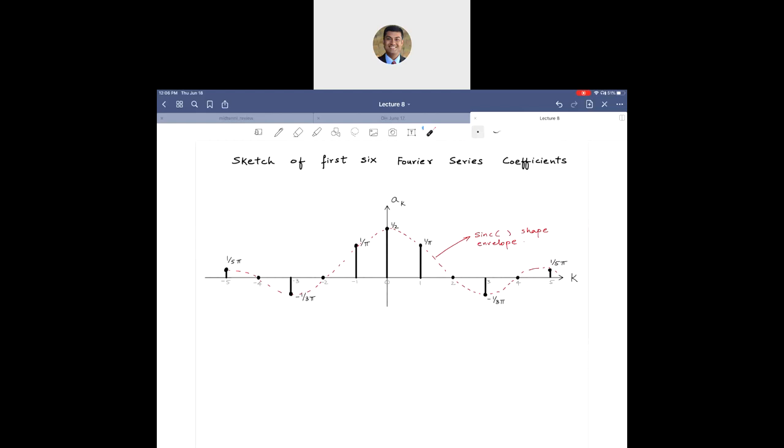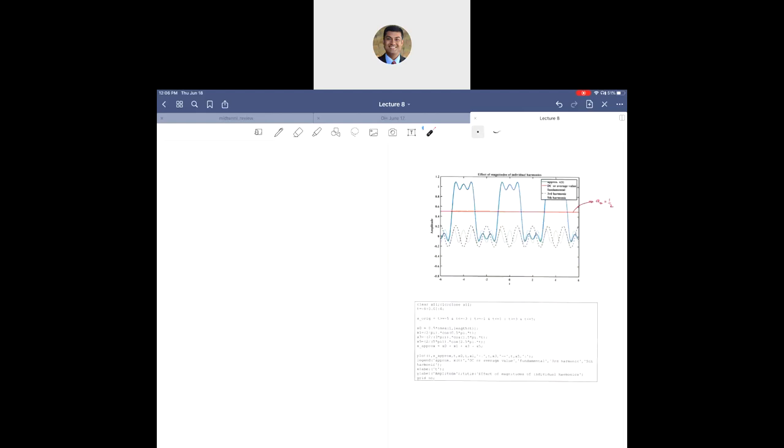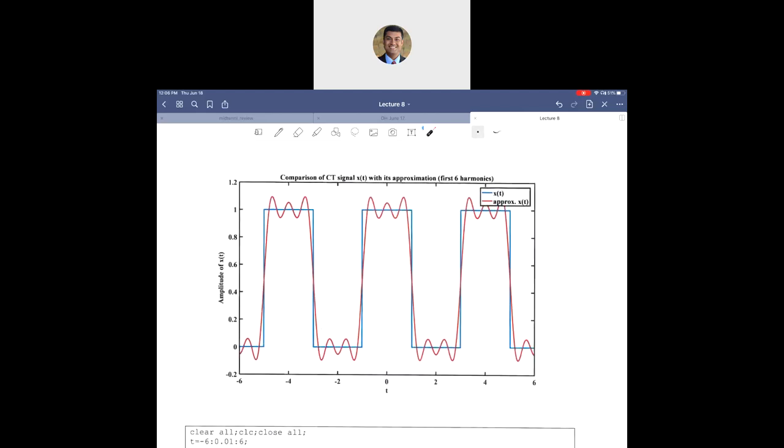Now, before I end this lecture, I want to tie up one thing that I started off with. How do you go to that square wave? When you sum up all those sinusoids.